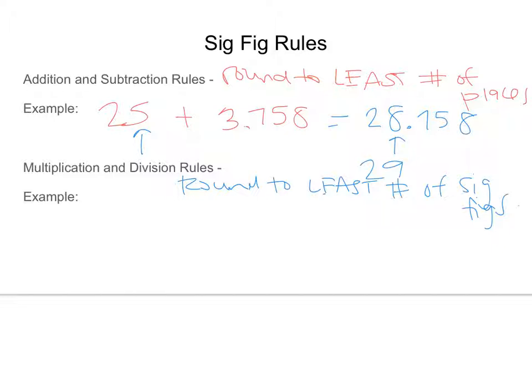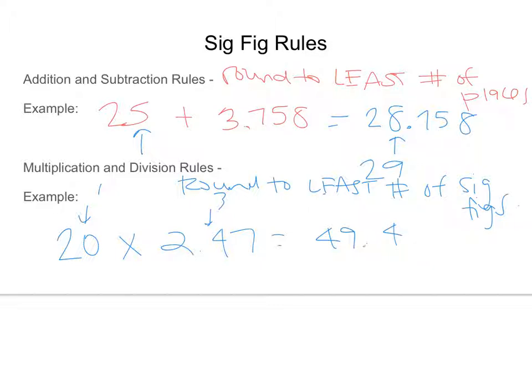So what if instead of adding and subtracting, we said, okay, we've got 20 times 2.47, okay? This has one significant figure, and this has 3. We have to round to the least number of significant figures. So 20 times 2.47, that is 49.4.